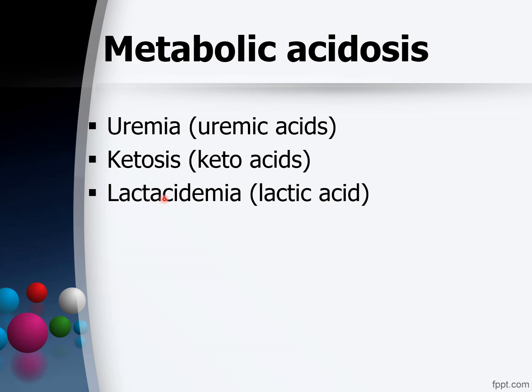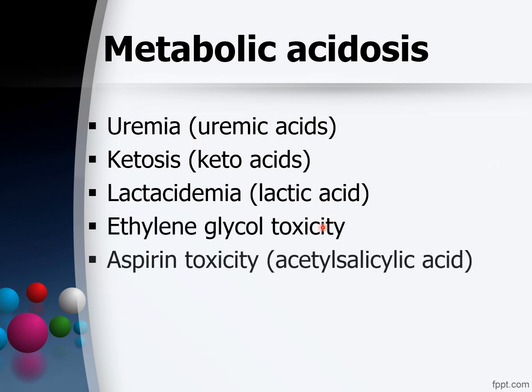We also have lactoacidemia that could lead to the buildup of lactic acid in the blood. We also have ethylene glycol toxicity and toxicity due to aspirin or acetylsalicylic acid. Since these drugs are acidic, their accumulation in the body will tend to increase the acidity, and it can lead to metabolic acidosis.